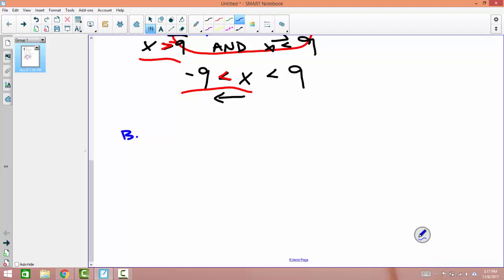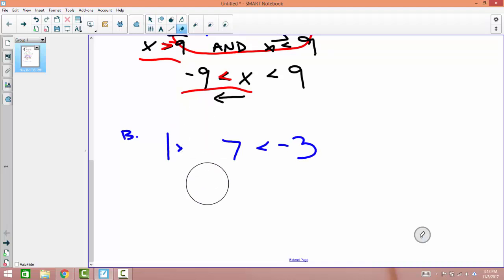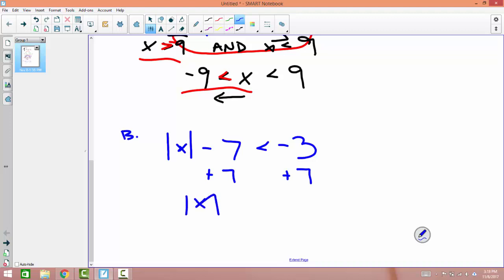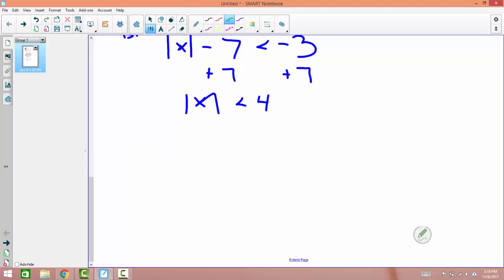Letter B. Absolute value of x minus 7 is less than negative 3. So the first step is going to be to add the 7. So the absolute value of x is less than 4. Then this is broken down into two things.